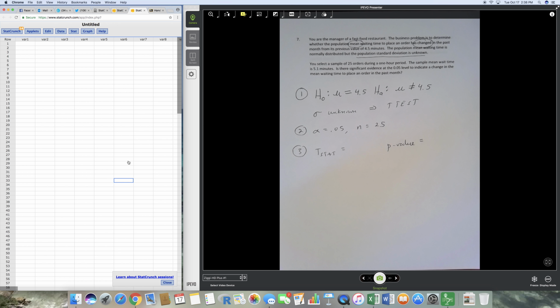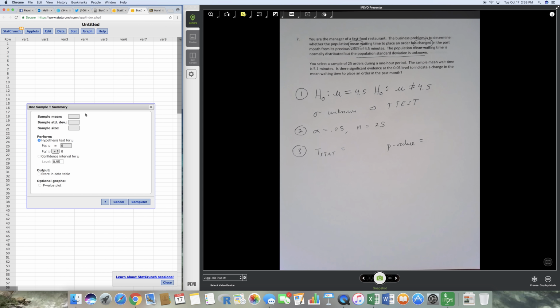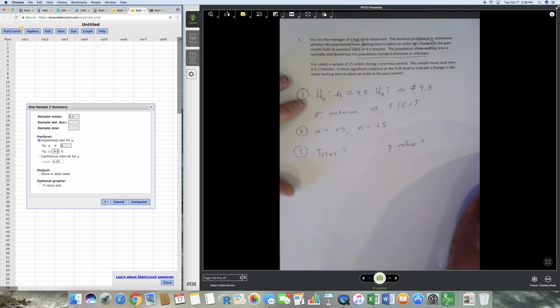So guys, when I go to get my t-stat and my p-value, the test has changed, so I have to go to a different line. But luckily for us, we should have this all memorized. Well, ladies and gentlemen, we can't even do this problem because the sample standard deviation isn't given.